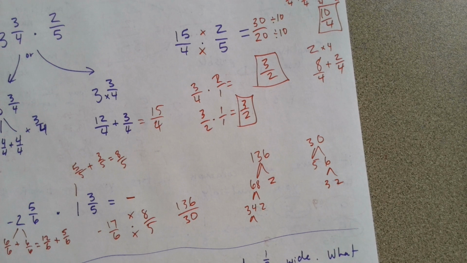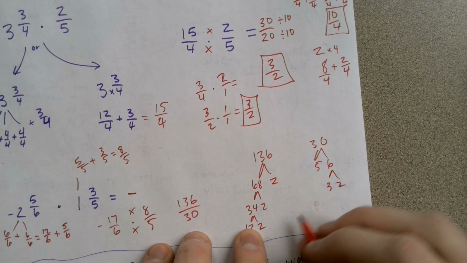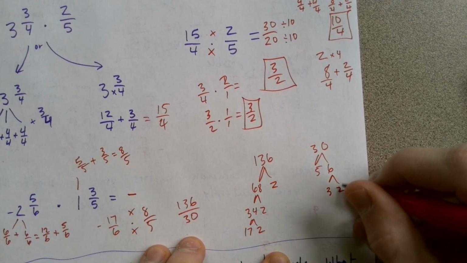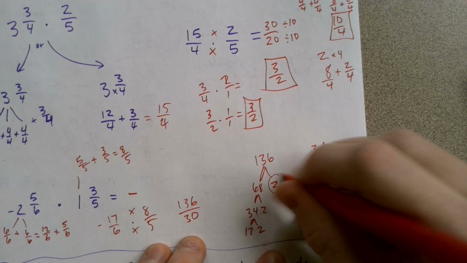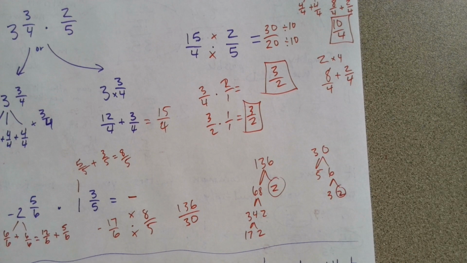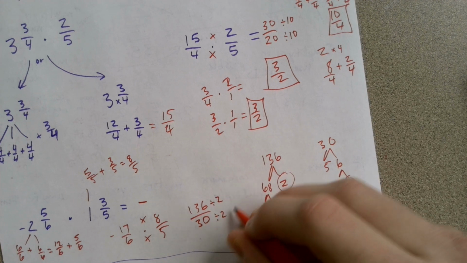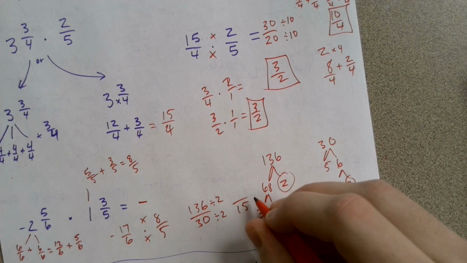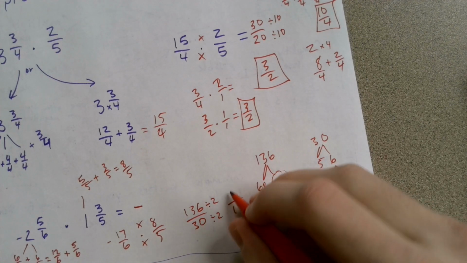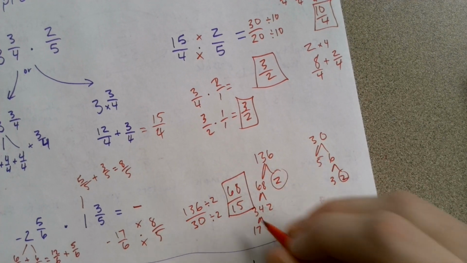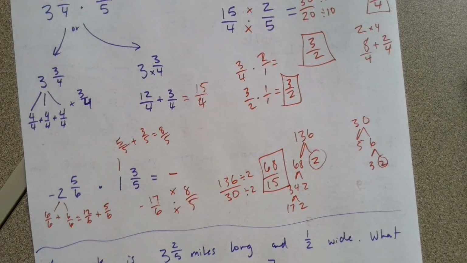Split up again, make it a 17 and 2. And 17 is a prime number. What is the greatest common divisor? I see they both share a 2. So at the end, we can only divide them each by 2. And we will get negative 68 over 15, and we are done there.